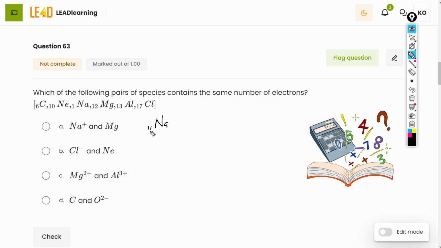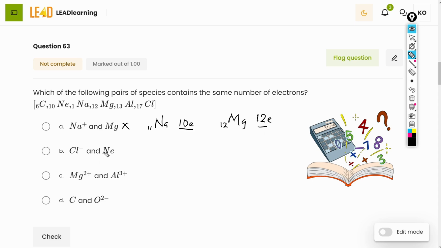So instead of having an equal number of electrons as the protons, that's 11 electrons, it has 10 electrons. Then magnesium has 12 protons. This magnesium atom is going to have 12 electrons. So 10 electrons against 12 electrons, no.